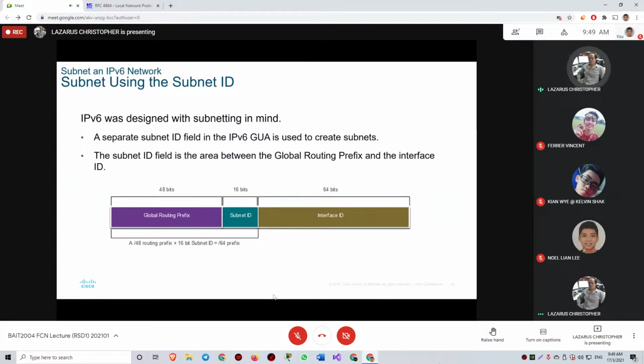Usually this global routing prefix is provided by your regional internet registry, or RIR. If you're a large enough organization, you have some clout, so you can request directly from the RIR. That's the organization that looks after the address space for IP version 6 and also IP version 4, for each region in the world.